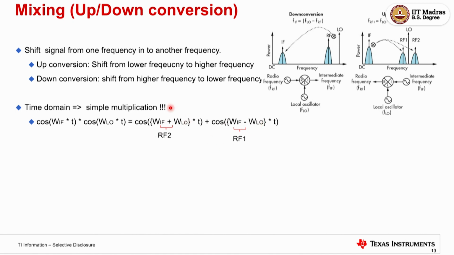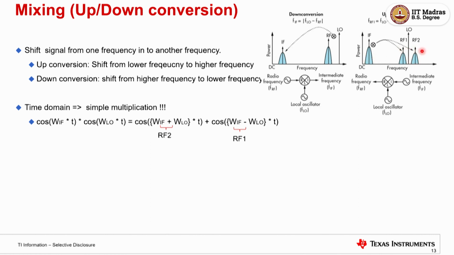Clearly you can see there are two frequencies generated. One is the sum component of what you mixed, and the other is the difference component. That's what this shows here. You take this information, and it goes into two places. That's what a mixer does. So you have moved it, but you wanted one, and you have ended up creating two.